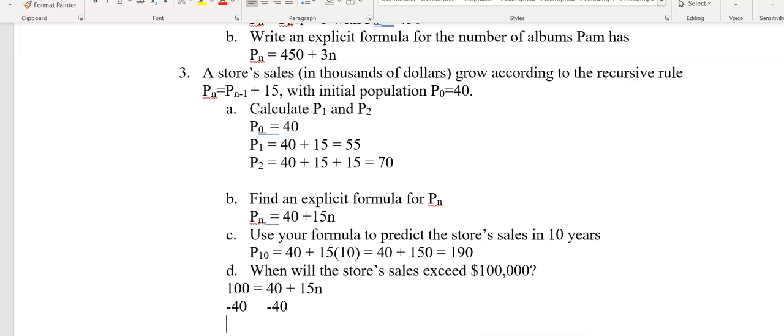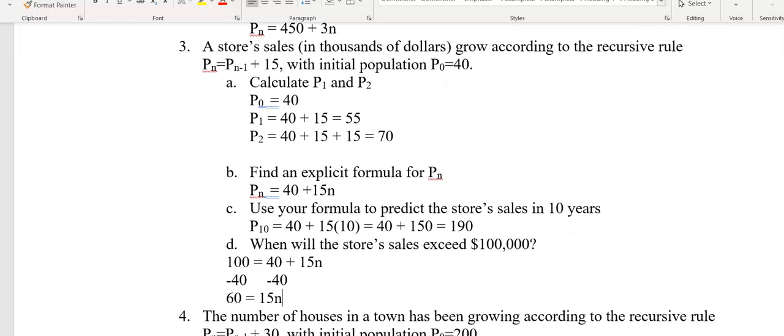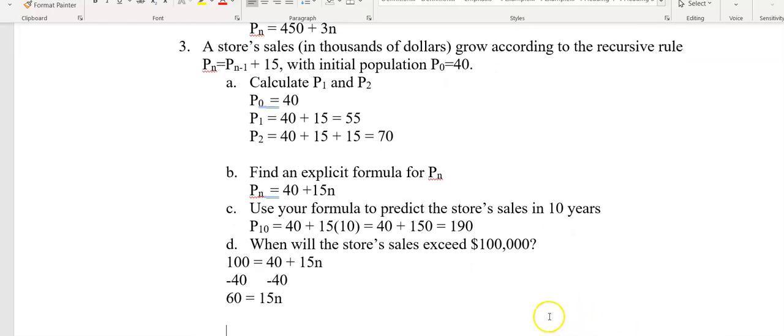So on the left side, 100 minus 40 is 60. And on the right side, the 40s cancel out, and we still have 15n. And then remember from algebra, to get rid of a number that's being multiplied by our variable, we divide it out. So I'm going to divide both sides by the 15 that's in front of my n.